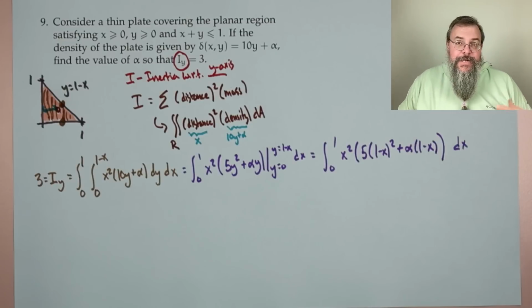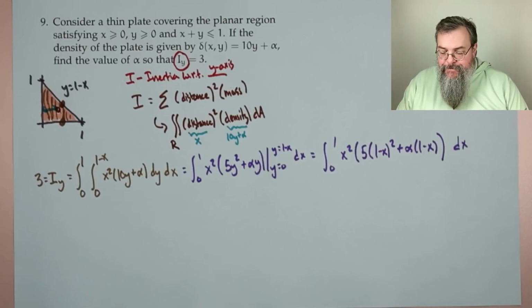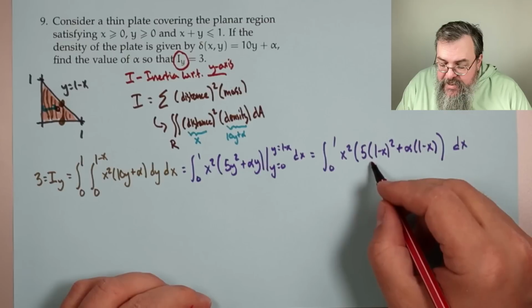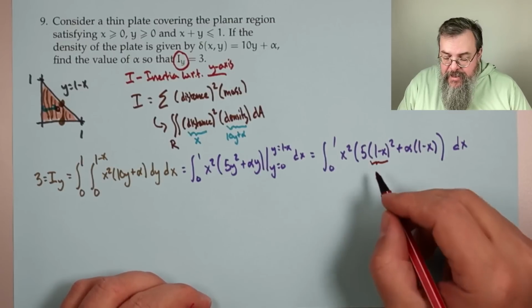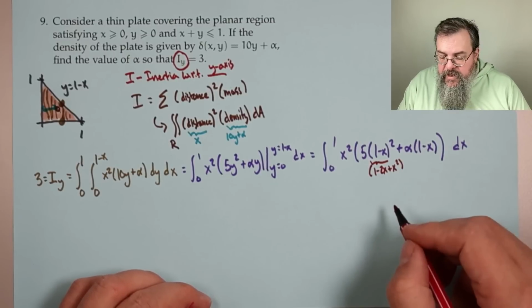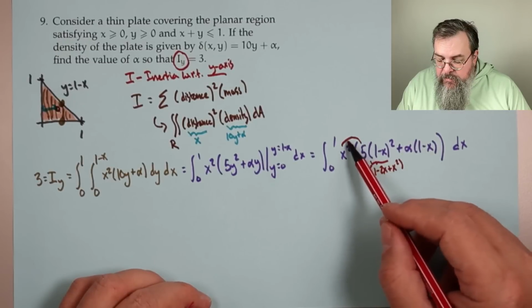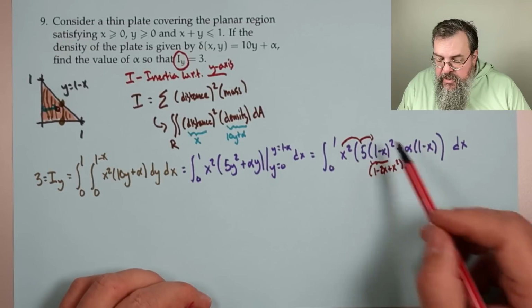In order for us to really do the next thing, we've got to expand everything. So (1 minus x) quantity squared would give us 1 minus 2x plus x squared. Now, let's multiply through. We have the x squared plus the 5 coming in.